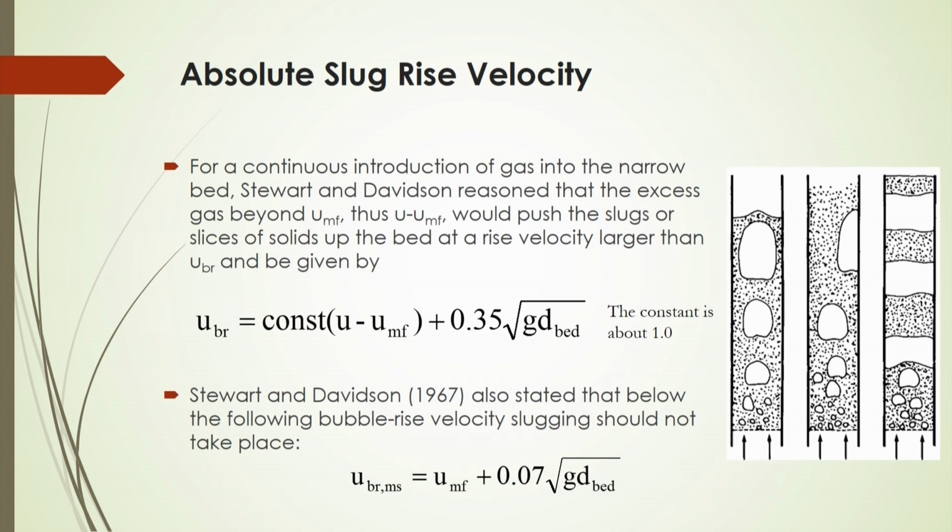Now, for a continuous introduction of gas into the narrow bed, Stewart and Davidson reasoned that the excess gas beyond UMF, that means the minimum fluidization velocity, thus U minus UMF, would push the slugs, or you can say slices of the bed, at a rise velocity larger than the bubble rise velocity, and that can be expressed as: bubble rise velocity will be equal to some constant factor into U minus UMF, that is the relative velocity beyond the minimum fluidization velocity, plus 0.35 into root over g into d bed.